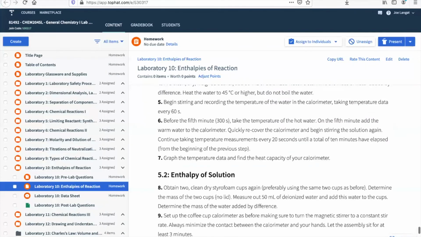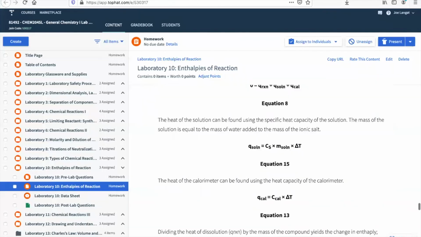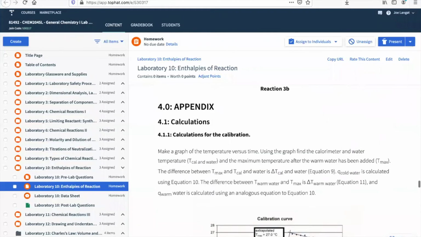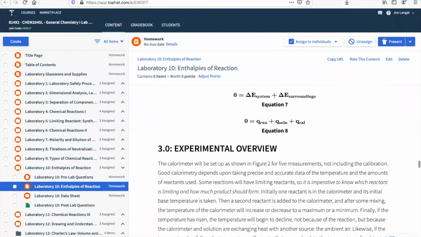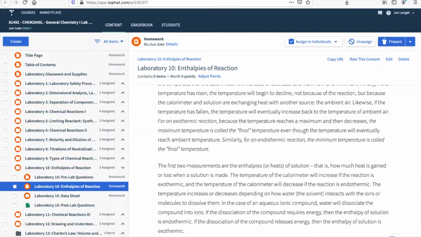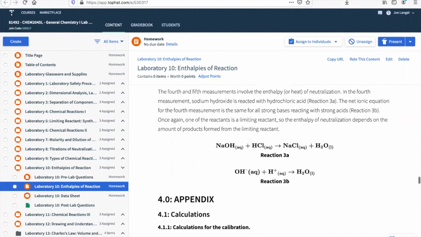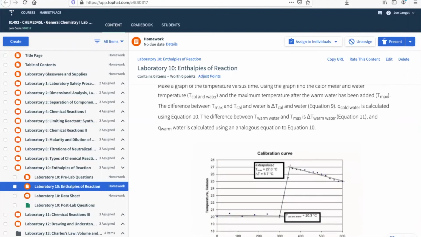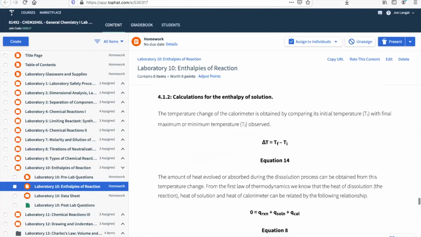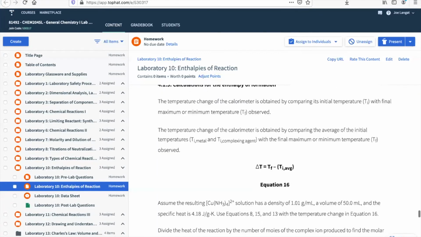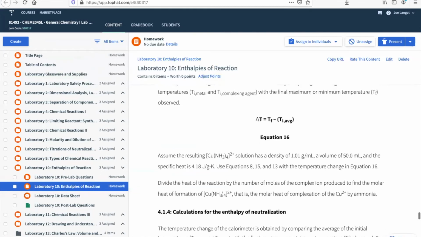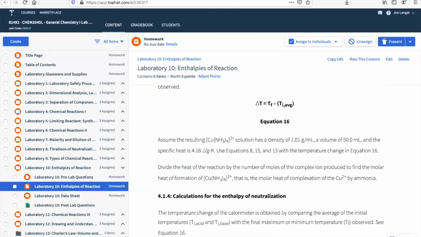Let's go to overview 3.0. If you go down, right here, below equation 16, look at what I'm highlighting, what is given right here. You can read on your own, all right?